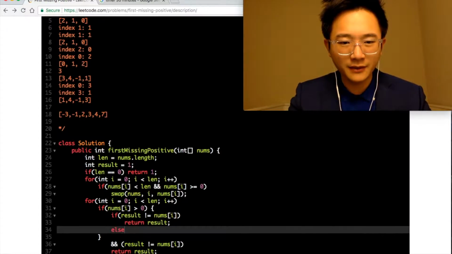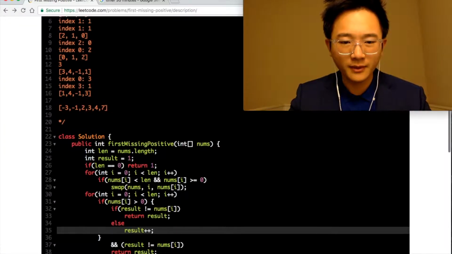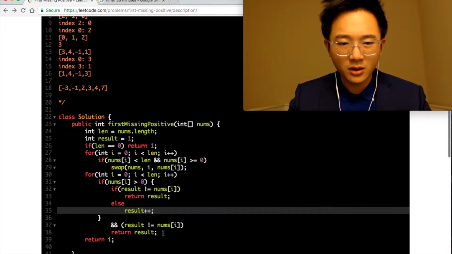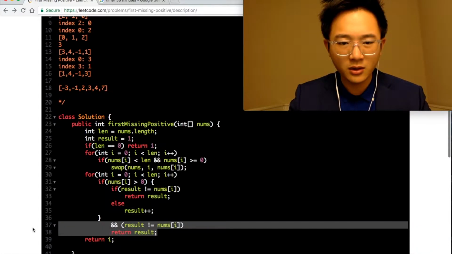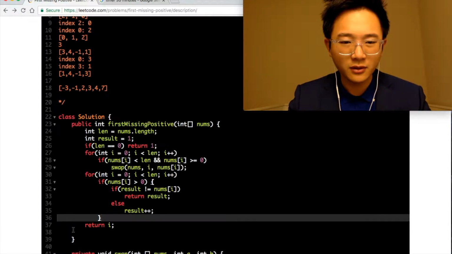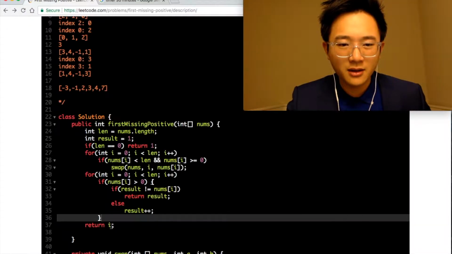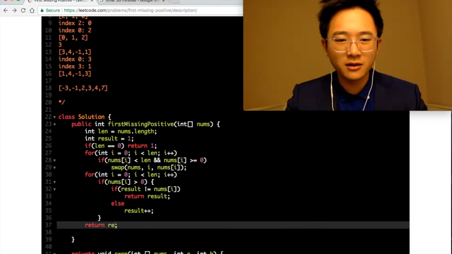But else, if they're equal, result plus plus. Okay. How about that?